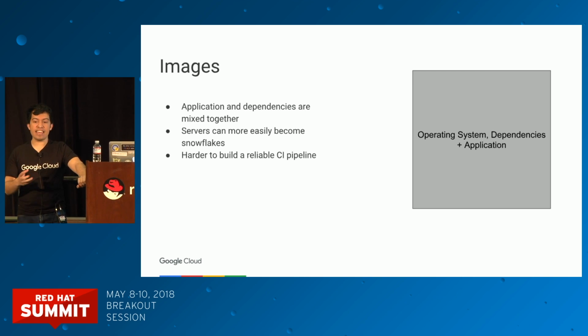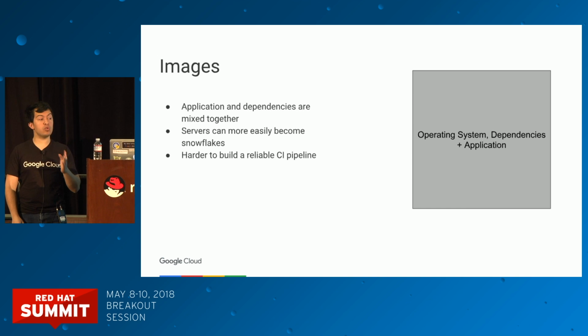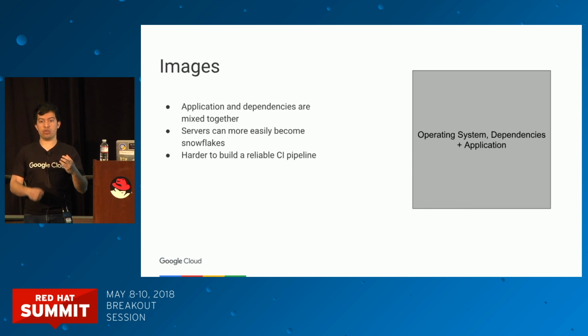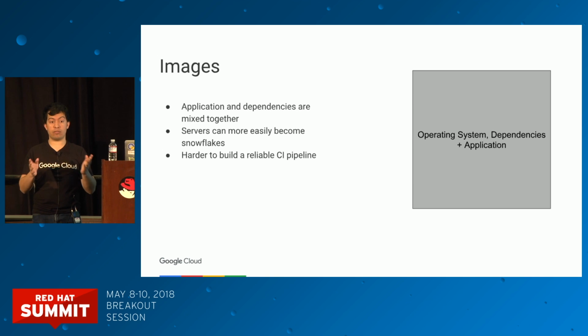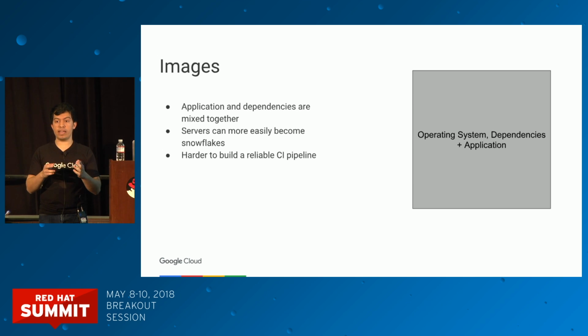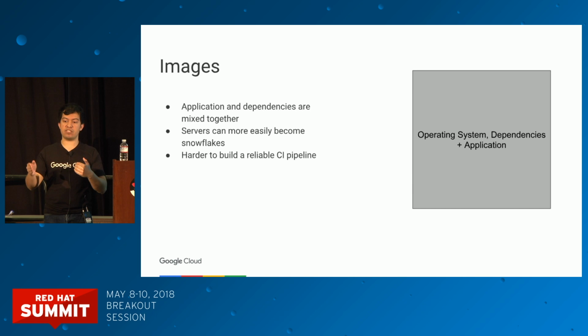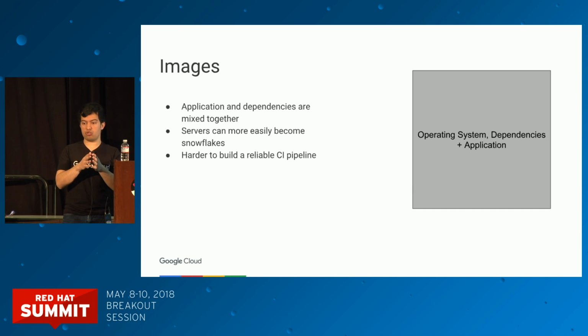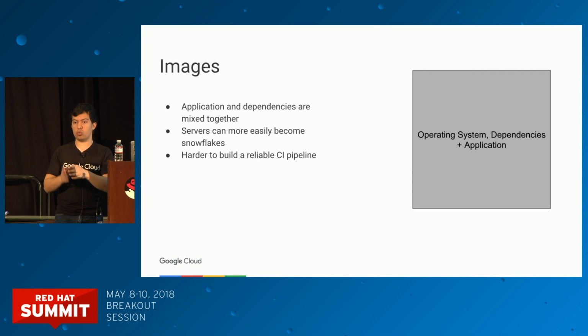So I think a better way of looking at what cloud native is, is to think about this idea of immutable infrastructure. In the on-premise world, your machines last forever. You keep a machine going from now until the end of time. And over time, that machine starts to diverge a little bit from where you want it to be.